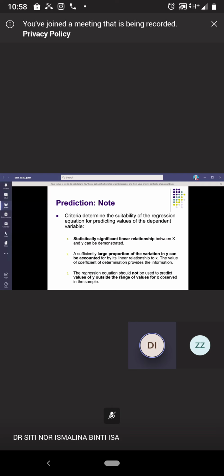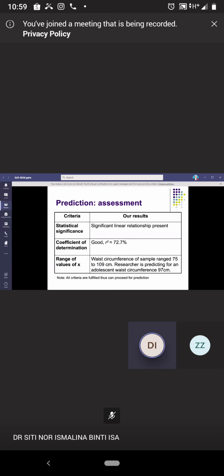And then the regression equation should not be used to predict values of y outside the range of values for x observed in the sample. So based on our results, we met all of the criteria. The p-value is significant, and the R-square is good, 73%.